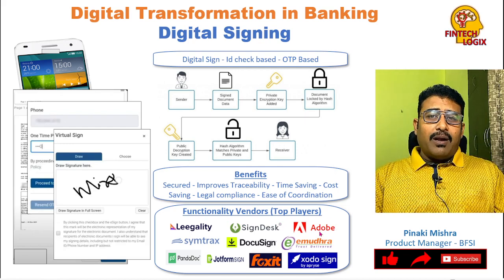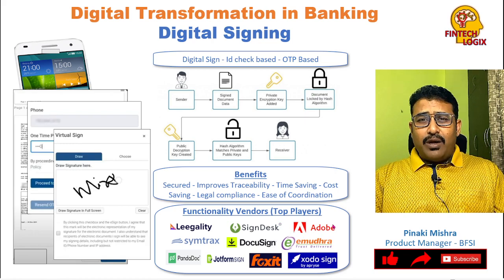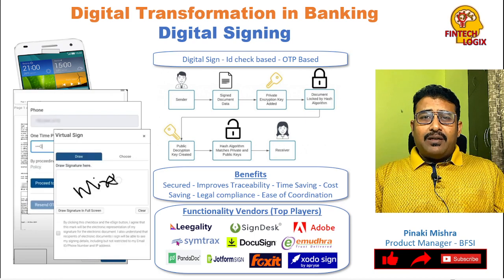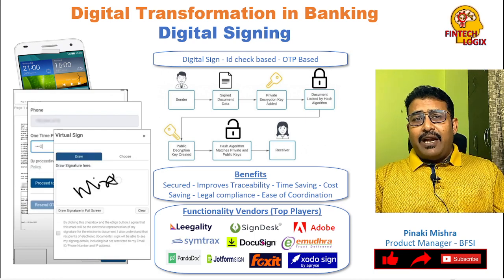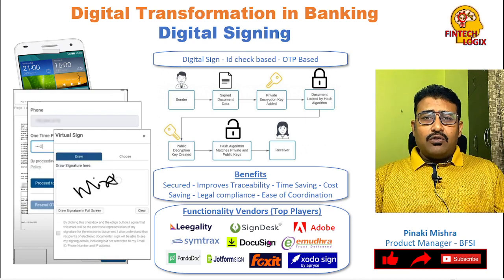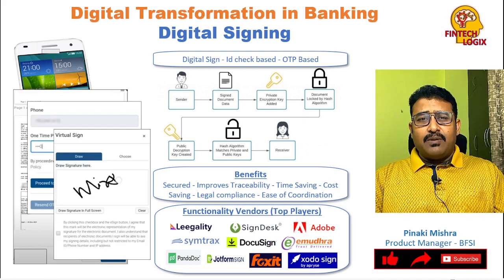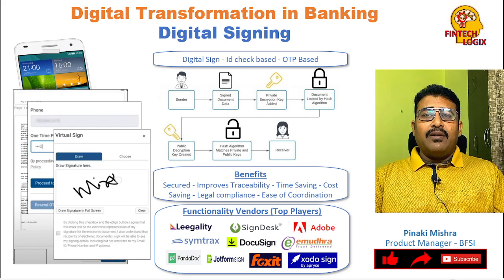Adobe is probably one of the largest and oldest players in the market providing a similar kind of service. With time, Zoho Sign, SimpleSign and DocuSign have also taken a lot of market share in terms of the global presence that they have.